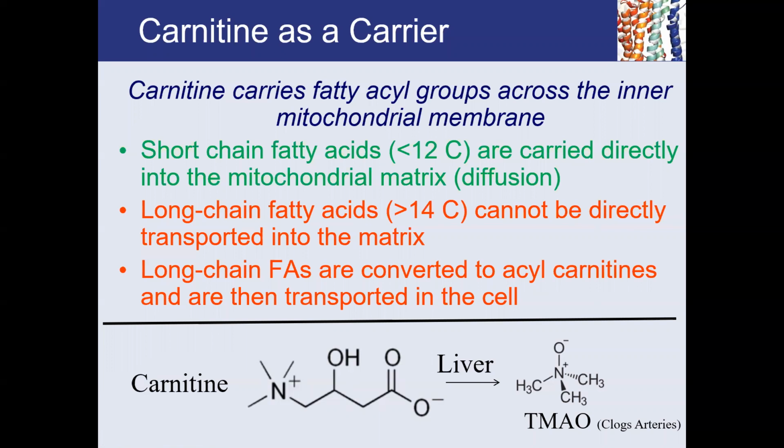Unfortunately, the liver takes the carnitine molecule and turns it into trimethylamine oxide, TMAO. This molecule is bad for you. It actually clogs your arteries, and so you can have a heart attack if you eat too much carnitine.